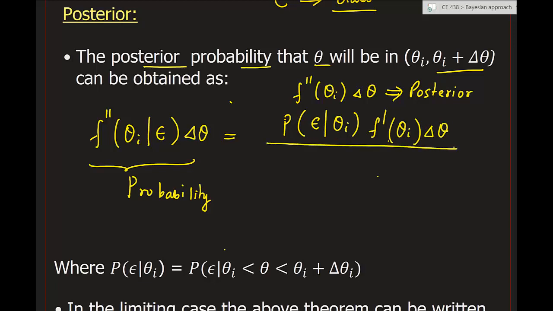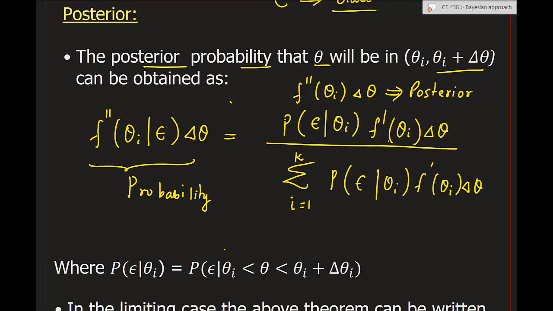So this is my likelihood times prior, and then in the denominator we have to sum all this for all i, let's say i equals 1 to k, of f' of theta_i times delta theta. So this gives me Bayes theorem for the discrete case.